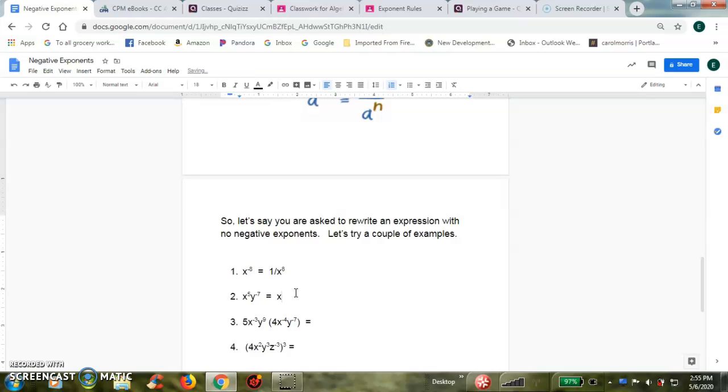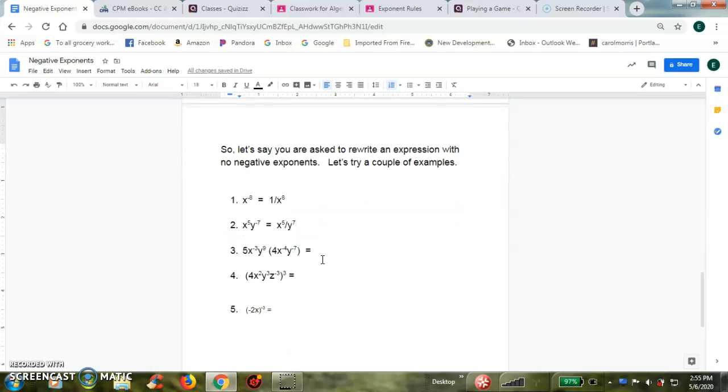We keep the x to the 5th the same, but we put the y to the negative 7 in the denominator, and now we can change it to a positive. We don't need to write the 1 in this case because the 1 is implied. You could think about it as 1 times x to the 5th over y to the 7th. There are times we might need to have the 1, but in this case we don't.